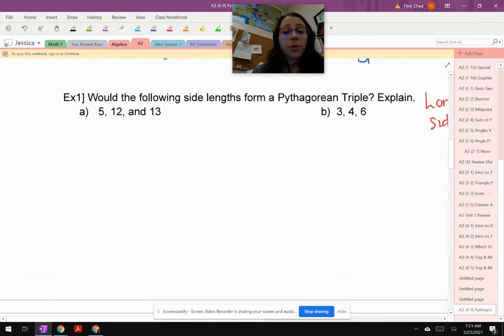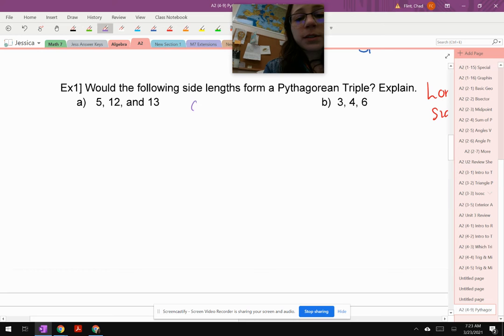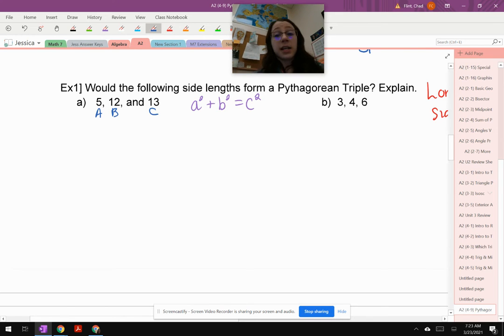So we're going to use A squared plus B squared equals C squared. In this first one, I'm going to use 5 as A, 12 as B, and 13 has to be my C because that's the largest one.